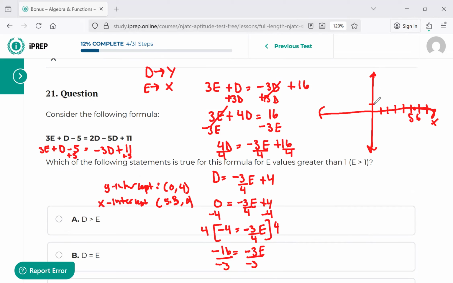So let's look. My x is my e, and my y is my d.